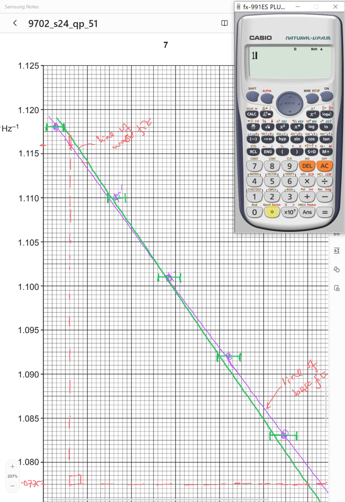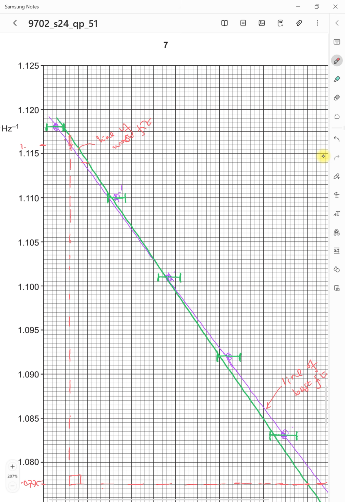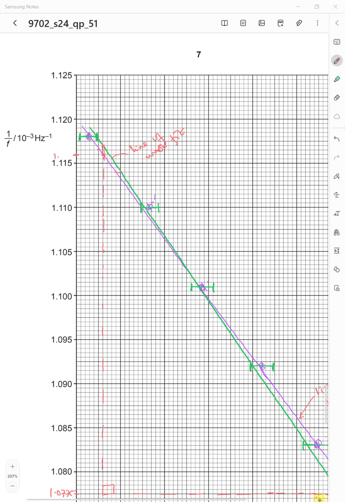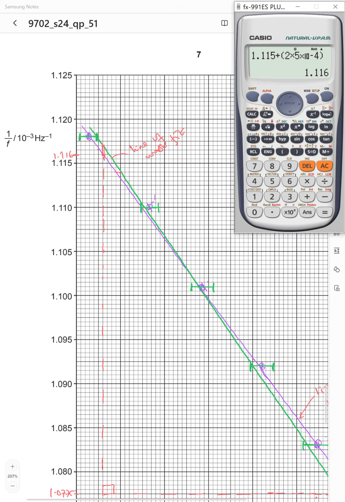I'm going to add 1.15 plus, there are 2 boxes times the scale, which is 5 exponent minus 4. So that is 1.116. Sorry. So it's 1.116.